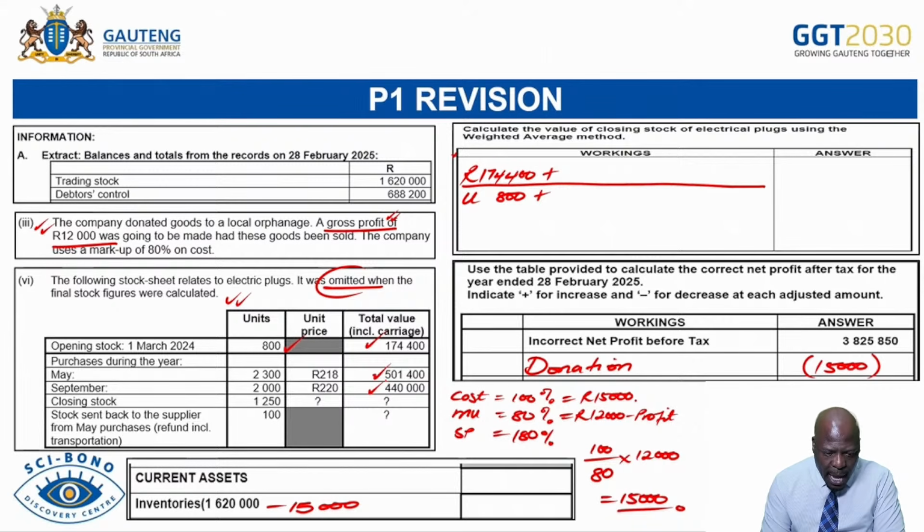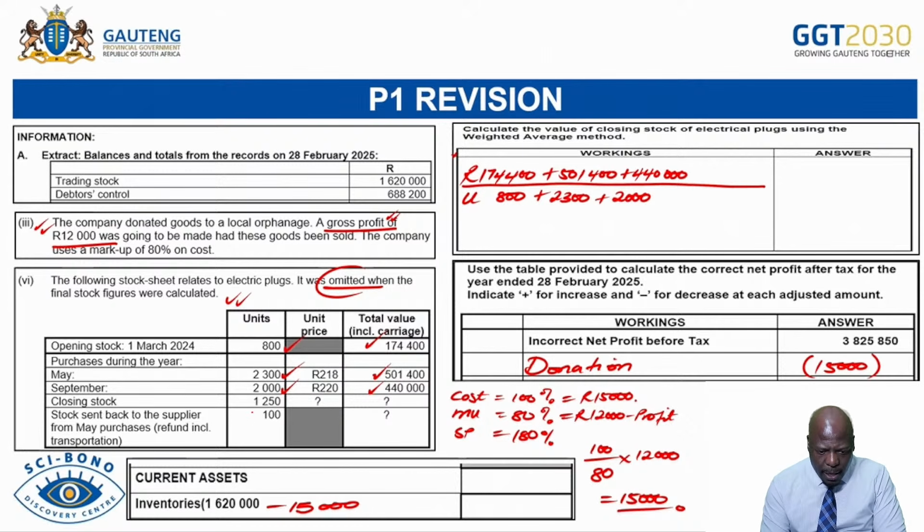You can see here I have May and I have September, so I'm going to record them separately as they were given. 501,400, which is 2,300 units at the bottom. Then plus again 440,000, which is 2,000 units.